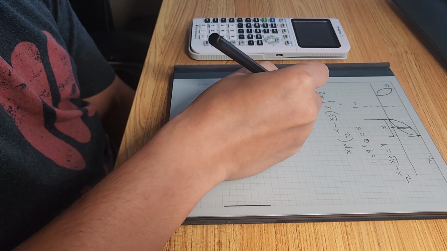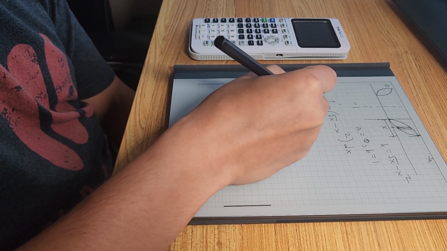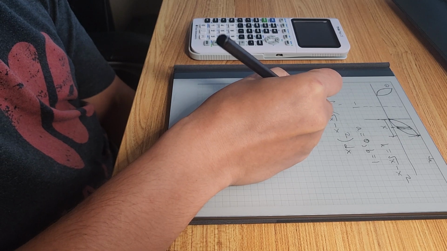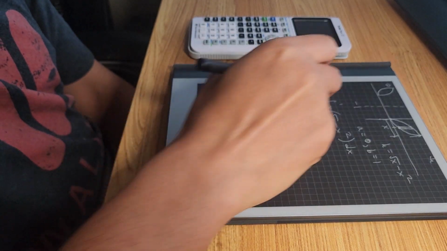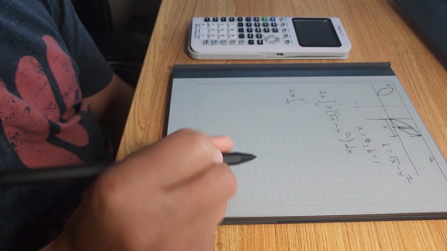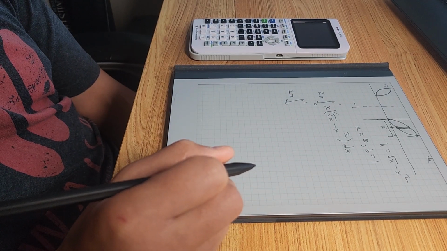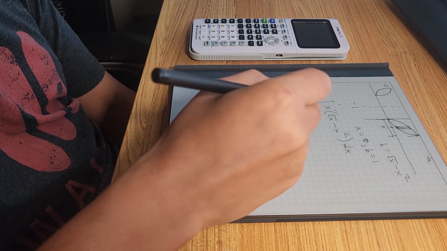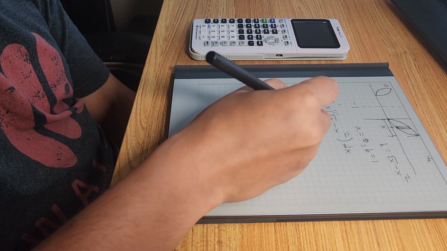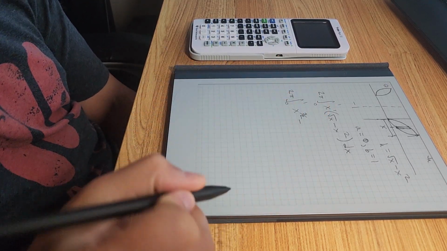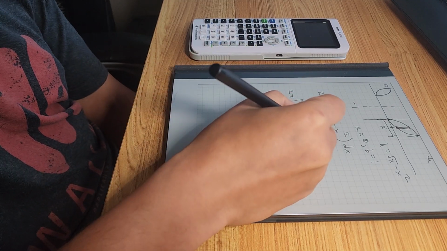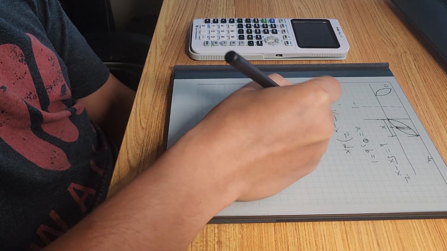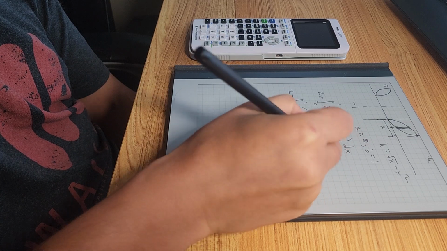So let's just start changing some things around here. The exponent here is 1. So 1 plus 1/2 is going to be 2 over 2 plus 1 over 2, which is 3 over 2. So we're going to have x to the 3/2 minus x to the 3rd, and that's going to be dx.